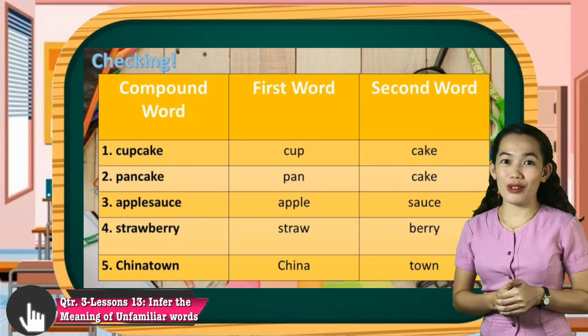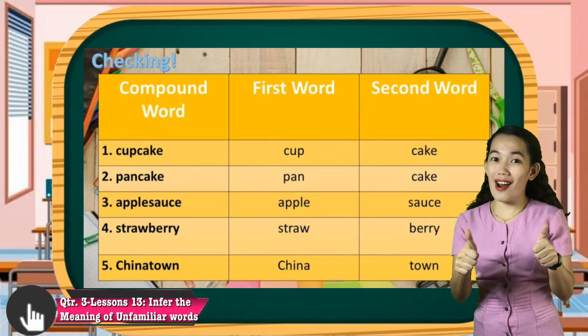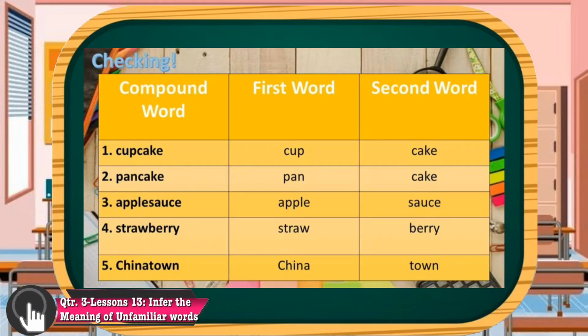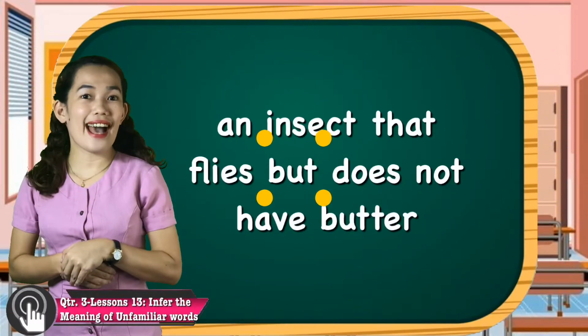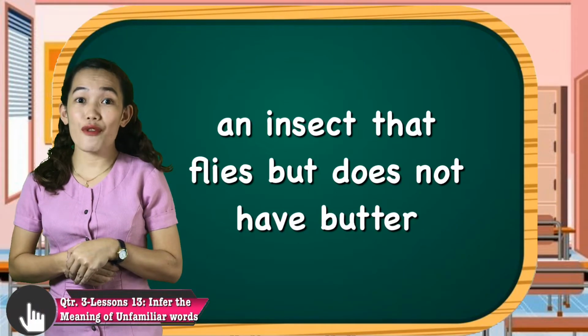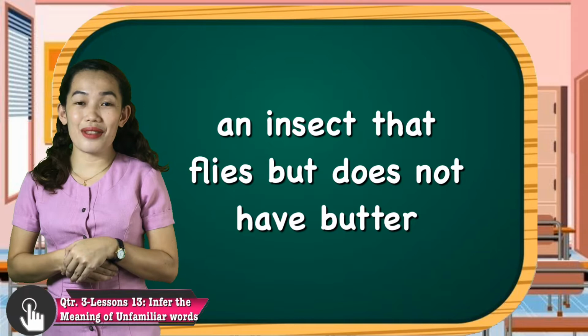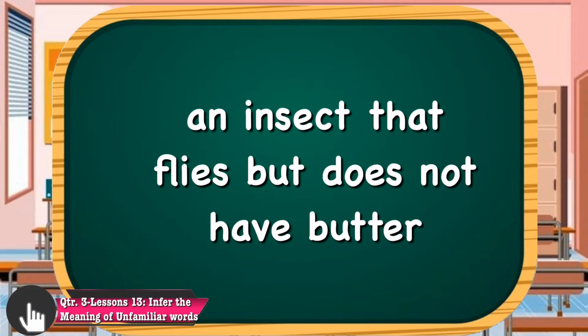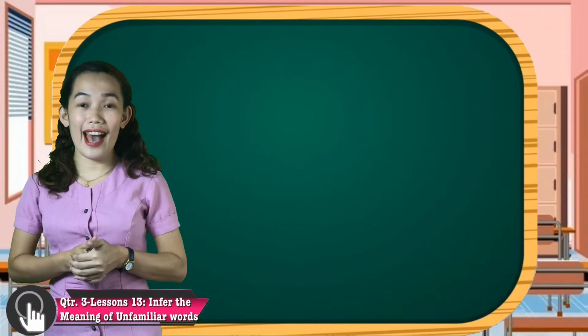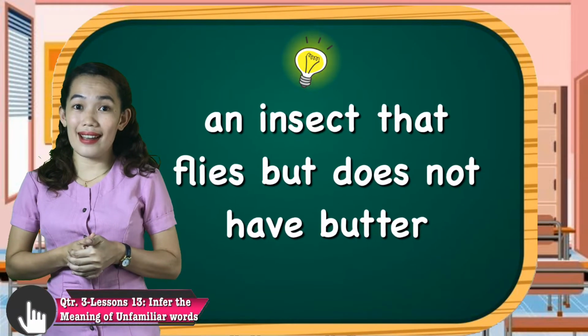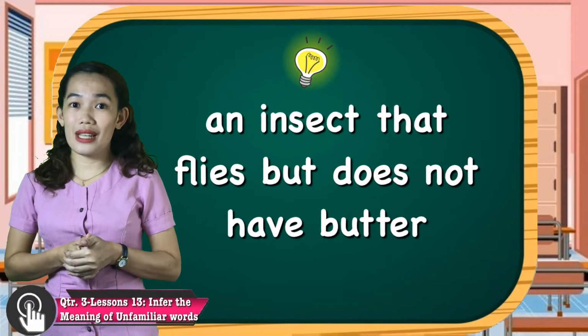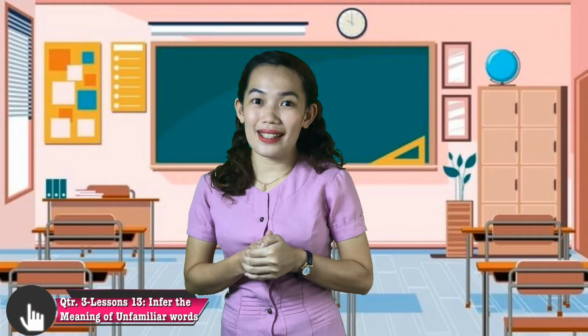If you got it all correctly, great work! Now, I have here a phrase. Let's read this together. Now, let's try to guess. What does this phrase refer to? You guessed it right! Butterfly!